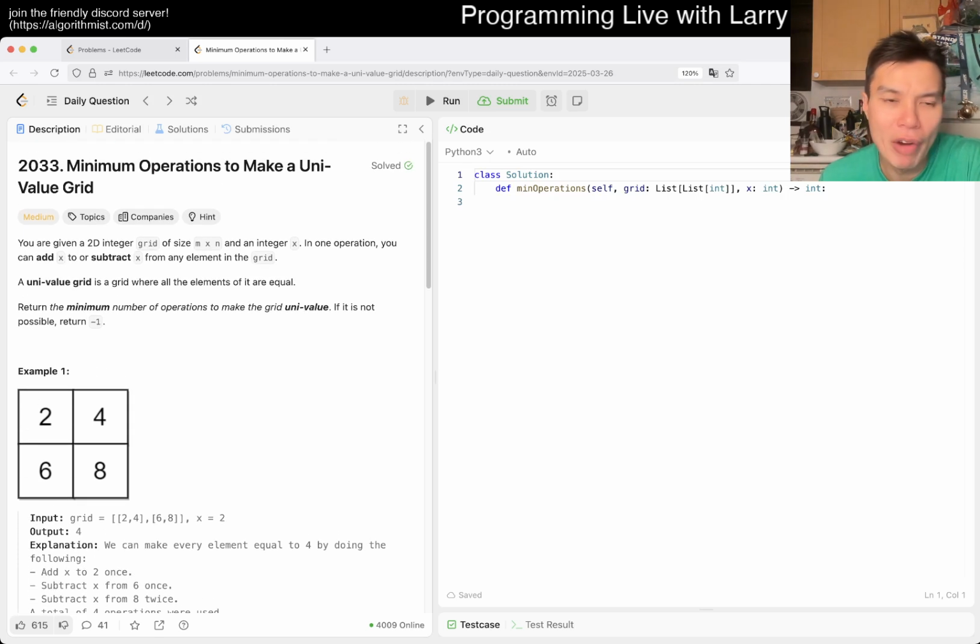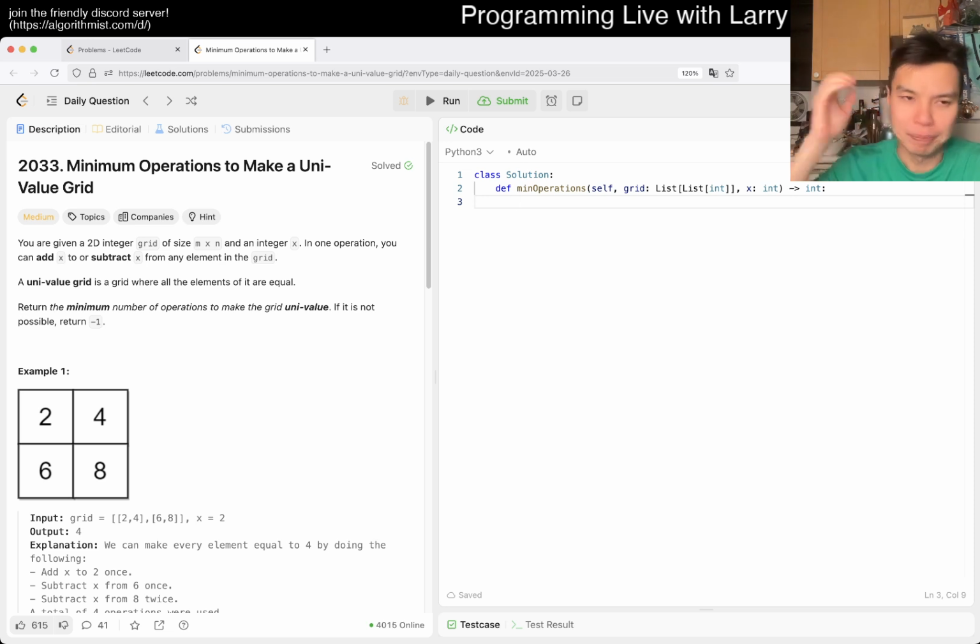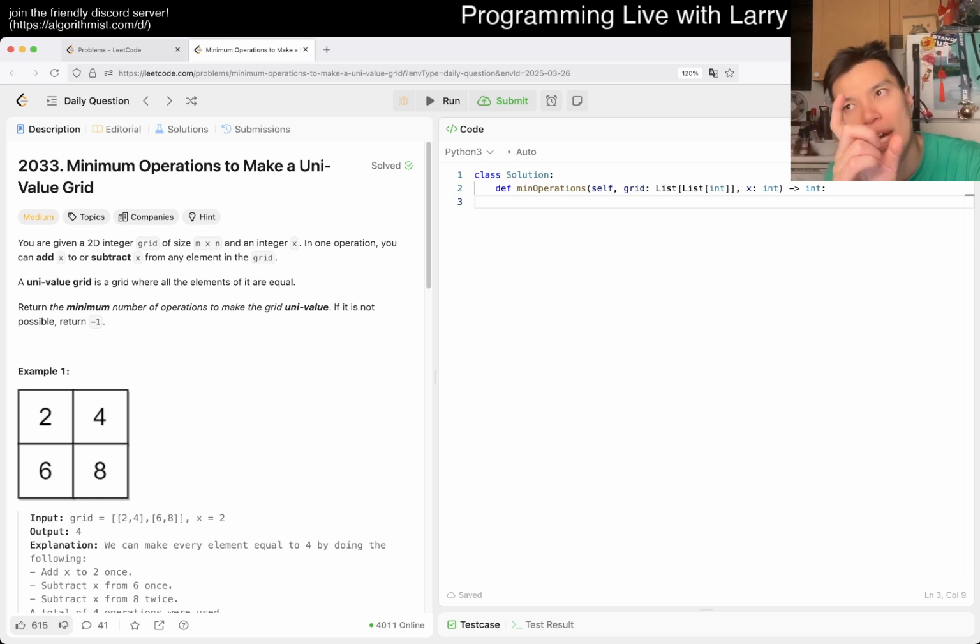So first of all, the first thing we can do is to check whether it's even possible. And it's possible if every number mod x, the input x, is the same number. If not, then no matter how you subtract or add, because you can think about x as in you're adding or subtracting some multiple of x, it's impossible.